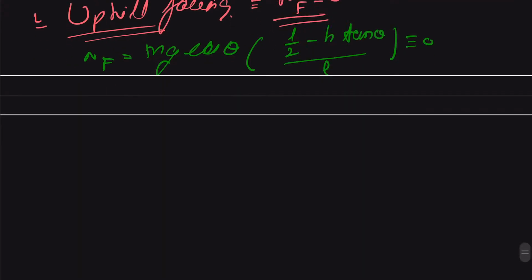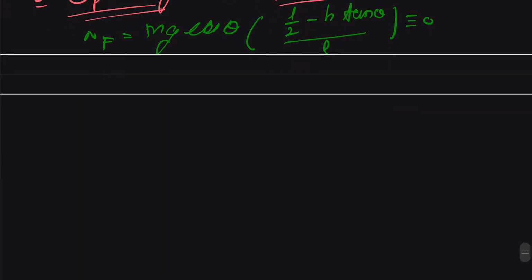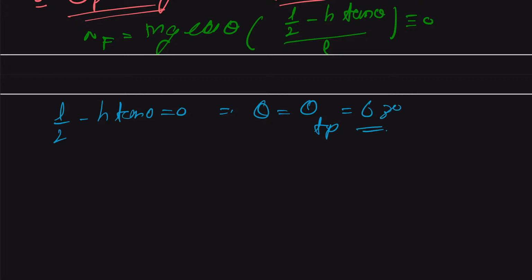So in this case also the basic expression is the same, that is L by 2 minus H tangent of theta is equal to 0. So here also our tipping angle will be the same, that is 63 degrees. So it is not going to change.